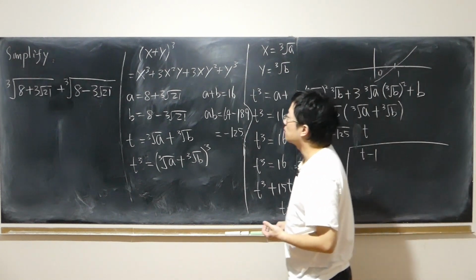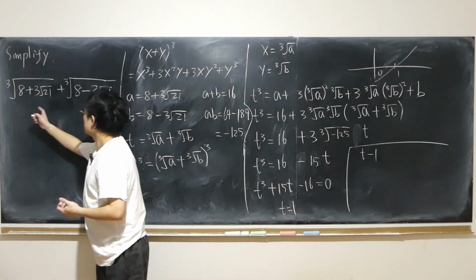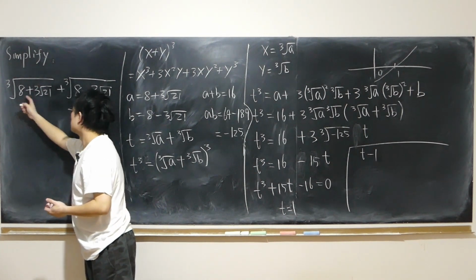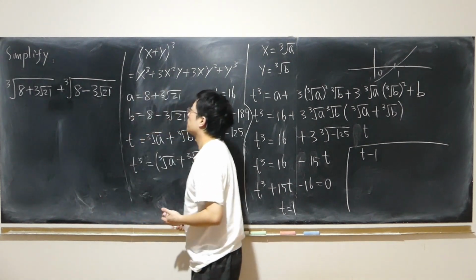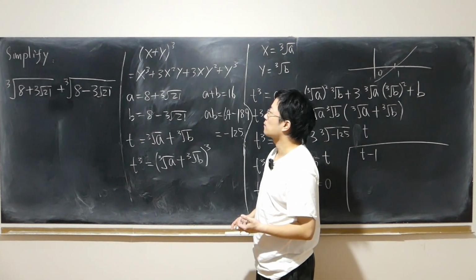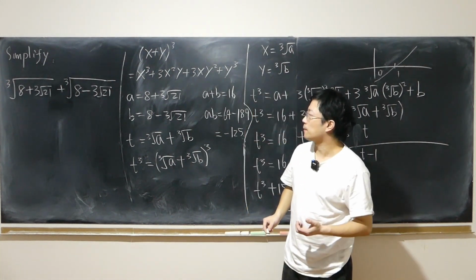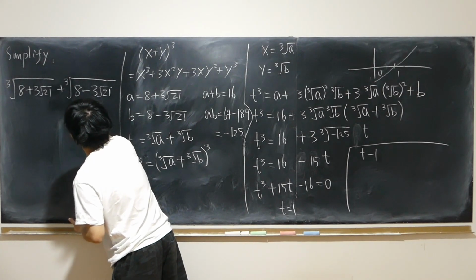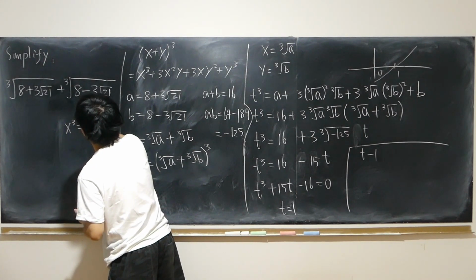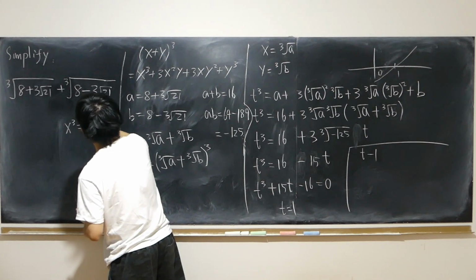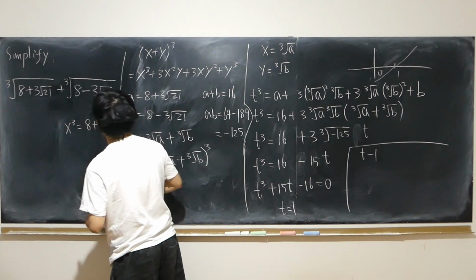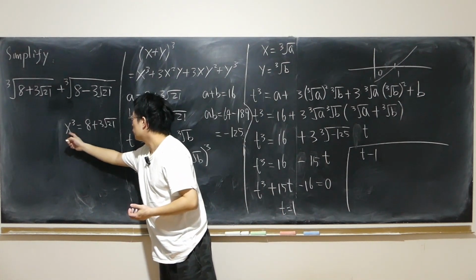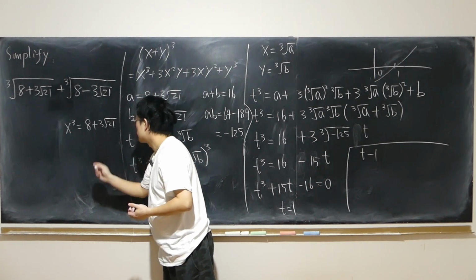So I believe that's all we need, because this is a real number plus a real number. And of course, if you ask, x cubed equals 8 plus 3 times square root of 21, what kind of number cubed gives you that?